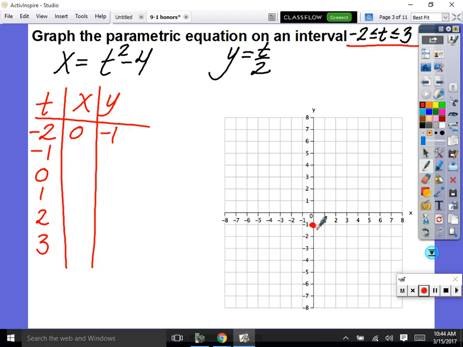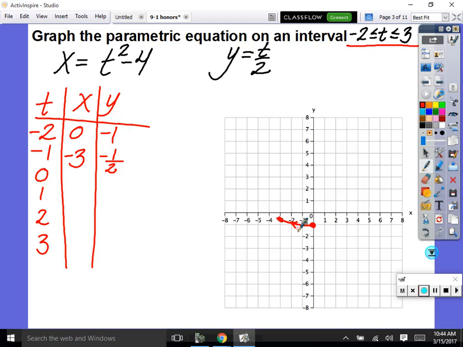All right, let's plug in -1. -1 squared minus 4 is -3 for x, and for y we get -1/2. Is everybody good with that? Let's plot that point: -3, down 1/2, so we're going this way, with arrows showing which way we're going.